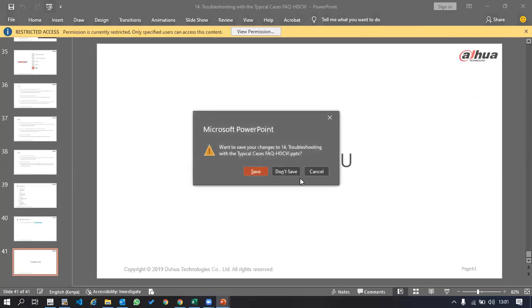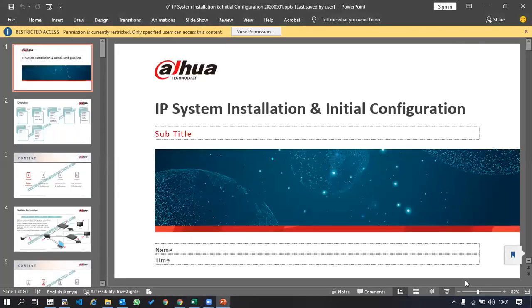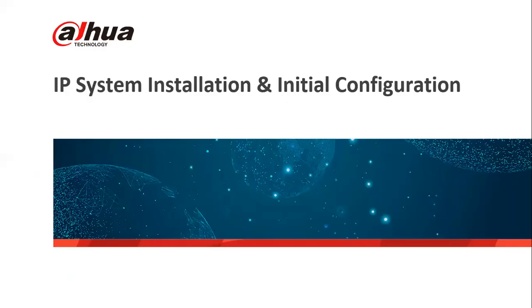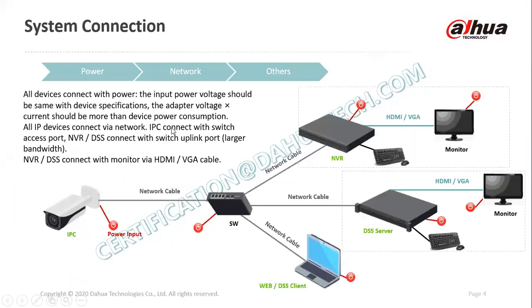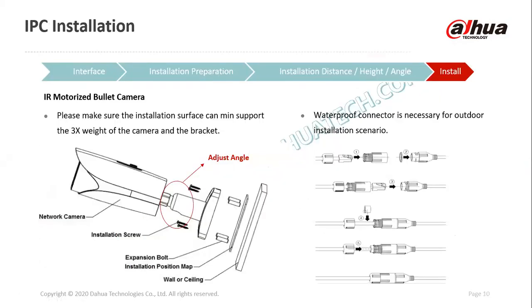Okay, now we can go through the IP troubleshooting. So troubleshooting of IP system. We already did most of this configuration, that's why I'm rushing.